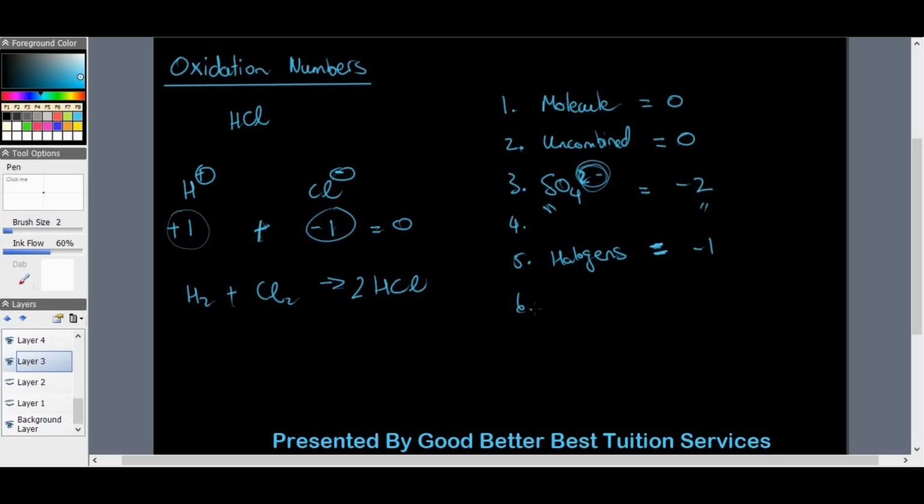The oxidation number of oxygen when it's in a compound, in other words when it's bonded to other elements, is always equal to -2. Okay, and the oxidation number of hydrogen in a compound is always equal to +1.